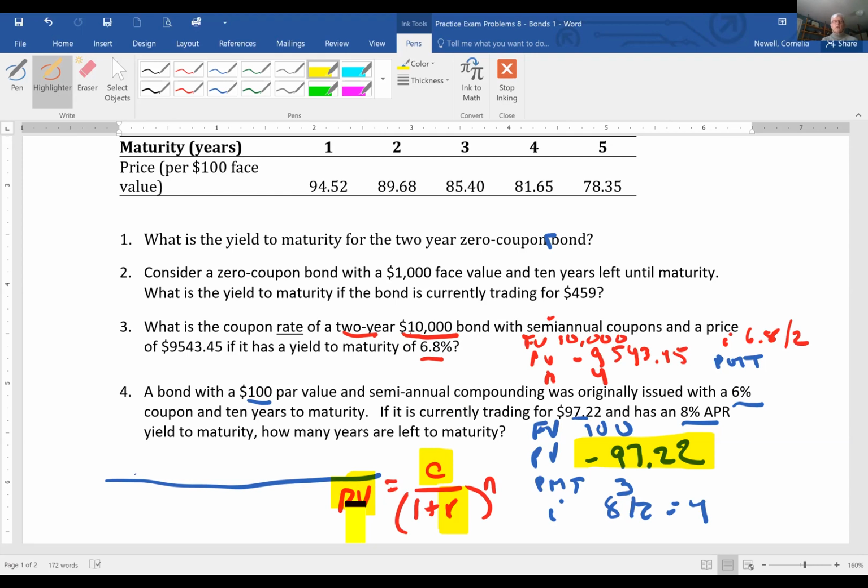The question is, how many payments and how long until that final N would it take to give us this specific yield? So basically you have all the other variables, you can solve for N.